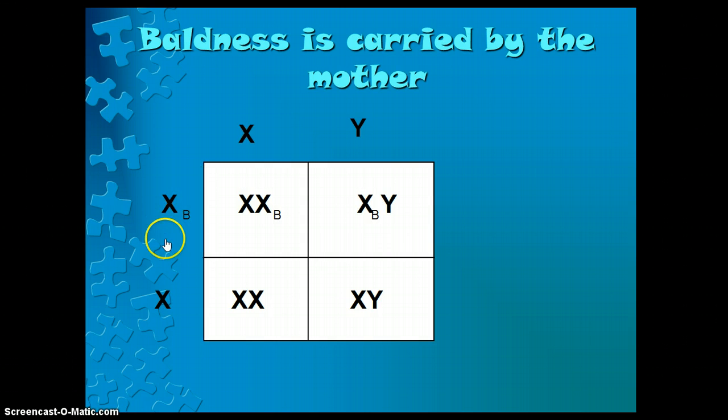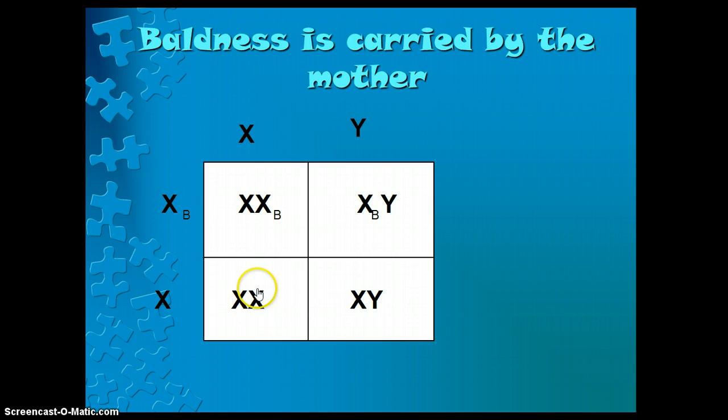She is carrying the balding gene on one of her X chromosomes, and we have a normal male. Well, we go through and we see we're going to have one balding male here and one carrier female. So this male is going to be bald later on in life, while this female will not be, but she will carry this gene.